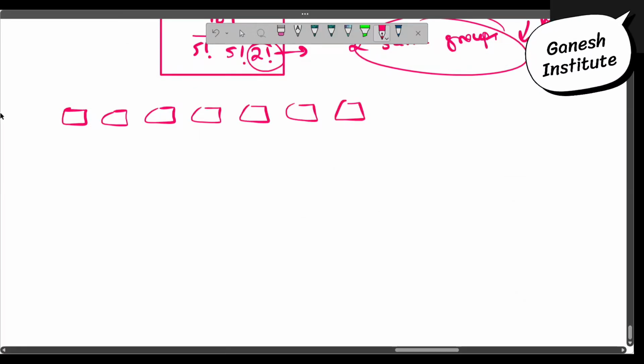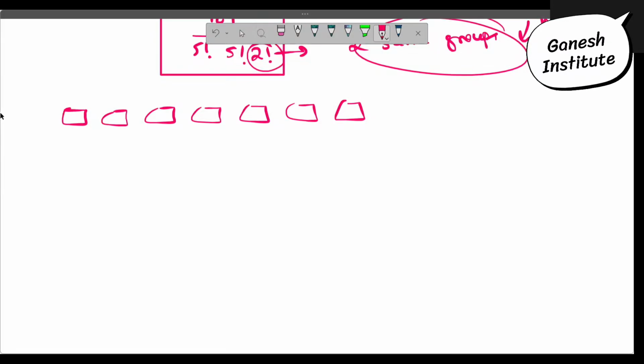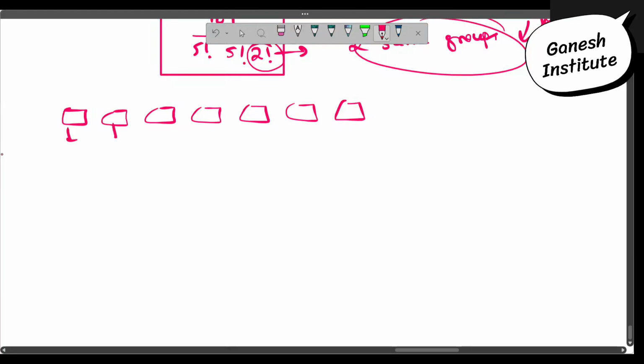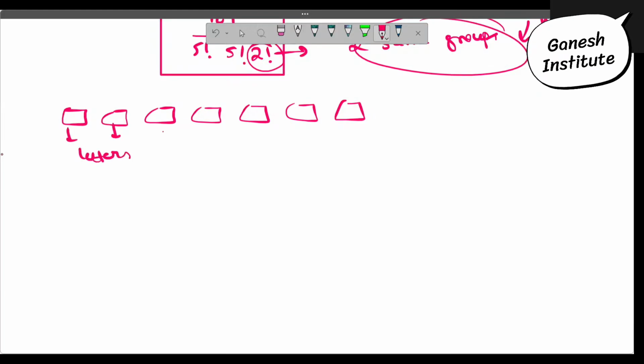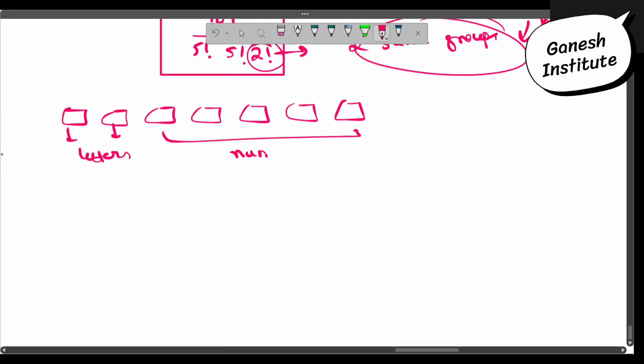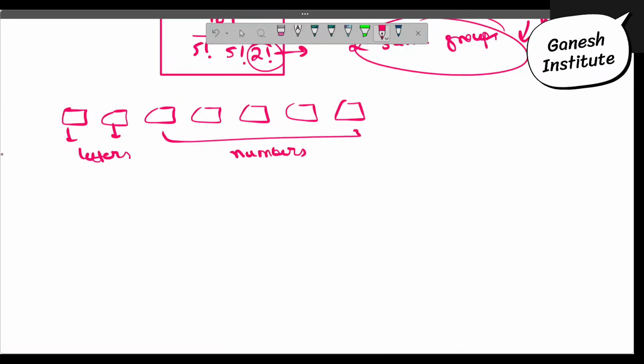Seven place license plates are possible if the first two places are for letters and the rest are for numbers. Are repetitions allowed? Nothing is mentioned.